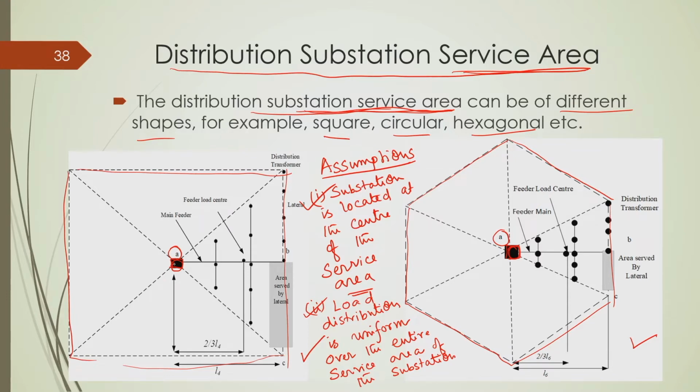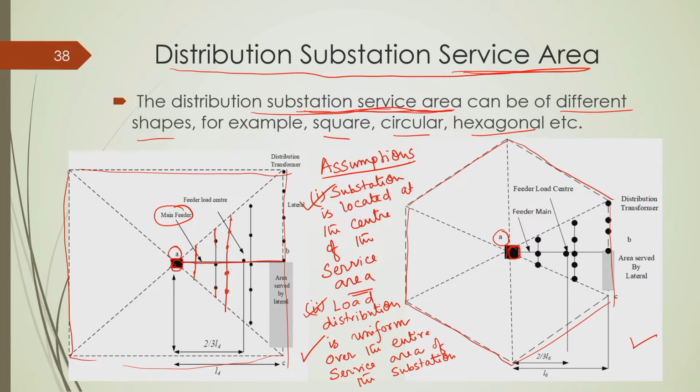Okay. Now, here our substation is located at the center, and one of the feeders is shown, and this is the main feeder, which is marked with this arrow. And this main feeder is associated with several lateral feeders, as you know. These black dots represent the nodes or loading points from where the load is connected.